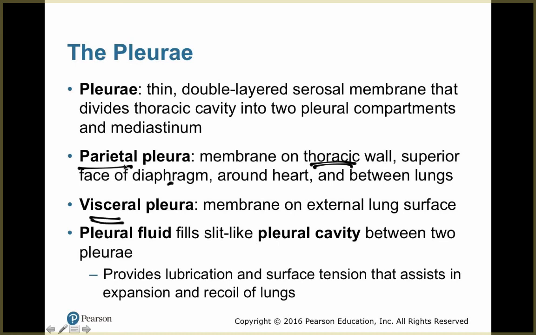The visceral is the one that is on the lung surface. And then you have pleural fluid, just like when we were talking about the pericardium, where you have fluid between the two membranes to reduce friction. You have that as well for the lungs. So it provides lubrication and surface tension that assists in the expansion and recoil of lungs.